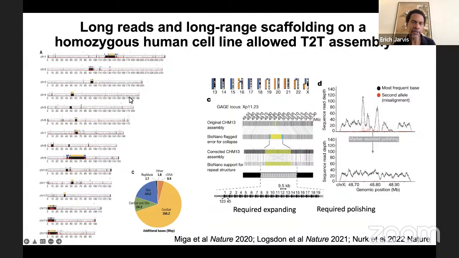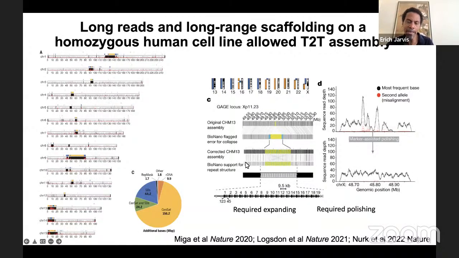What did the trick here is combining two long read technologies, PacBio HiFi, which was highly accurate long reads, and Oxford Nanopore ONT reads, not as accurate, but they were used for scaffolding across gaps that were in the HiFi based contigs. Then using other approaches like BioNano to support different corrections to the reference here.